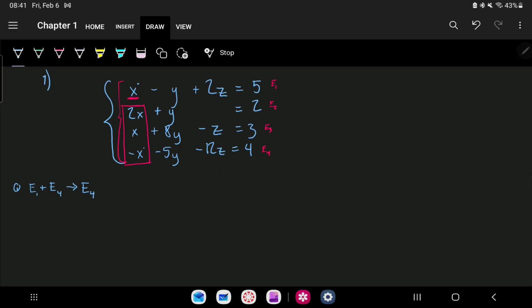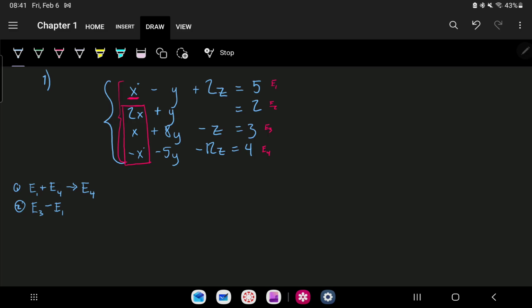Similarly, for equation 3, our second step, we can take equation 3 and subtract E1 from it. Now, I know we did not say anything about subtracting in our rules, but if you think about it, all we're doing is adding a constant multiple of -1 times equation 1 to equation 3.